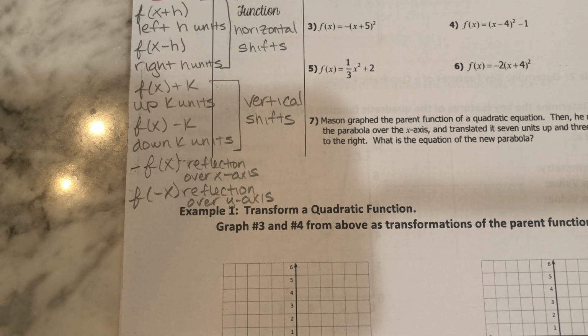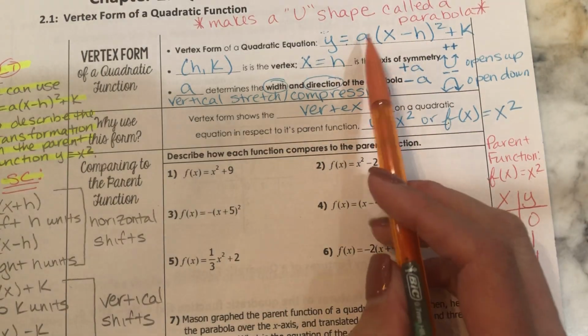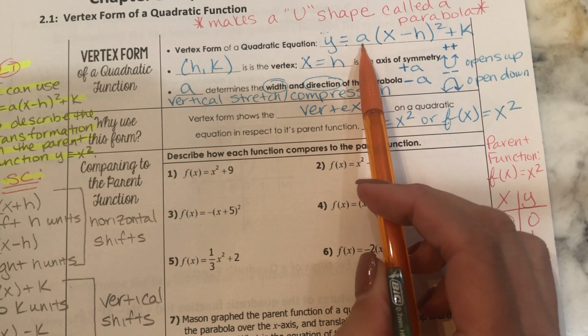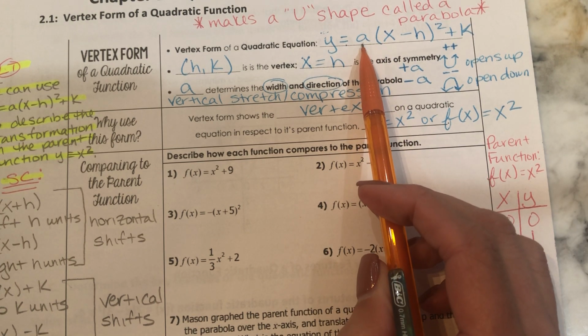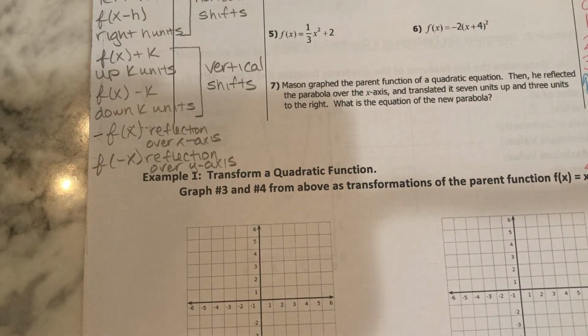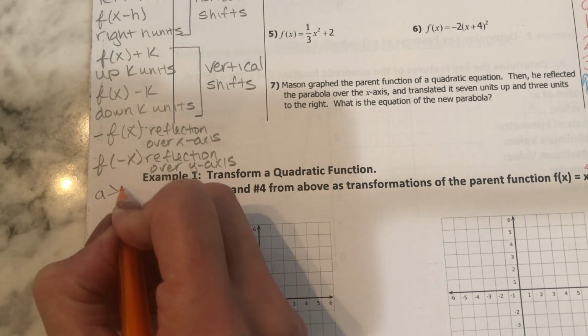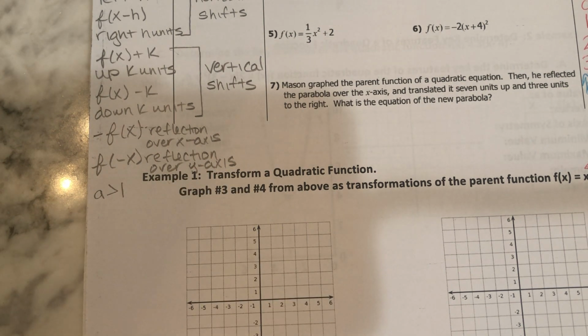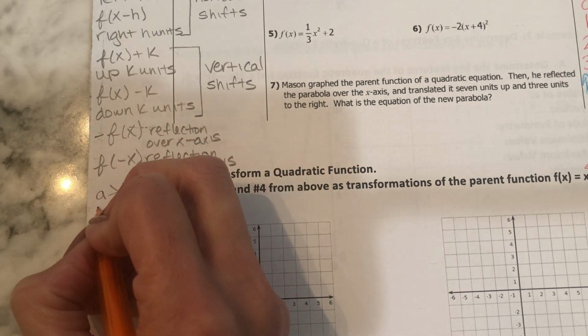All right. And then we also have our vertical stretches or compressions. So this is going to be this a term here. This a term is going to tell us whether it is a stretch or a compression. So like we discussed last unit, if a is greater than 1, or if it's a whole number, then that is a vertical stretch.